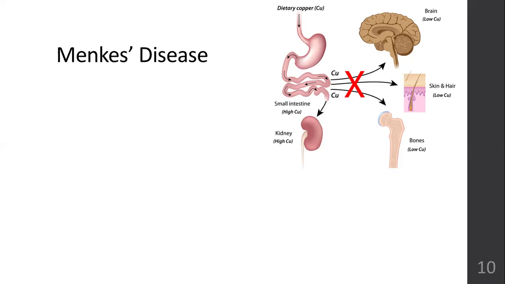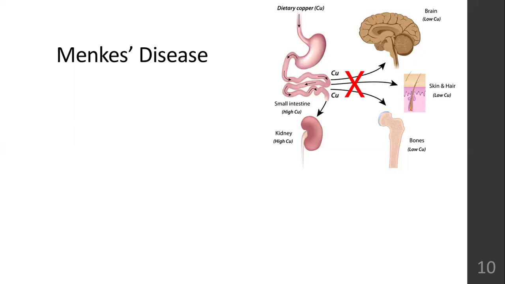Okay, but in Menkes disease, you may be getting enough copper, but you are not able to absorb it. Okay, your intestine is not able to absorb it. Whatever copper you're getting through your food, dietary copper, is leaving your body as it is without being absorbed properly. Okay, it could be a malabsorption syndrome or disease.